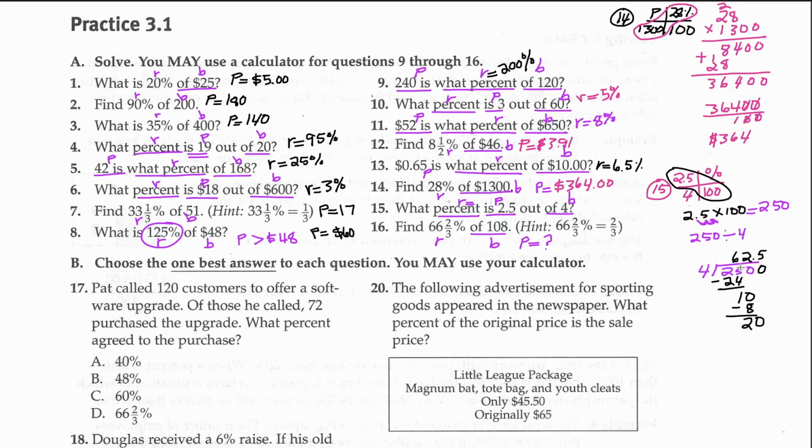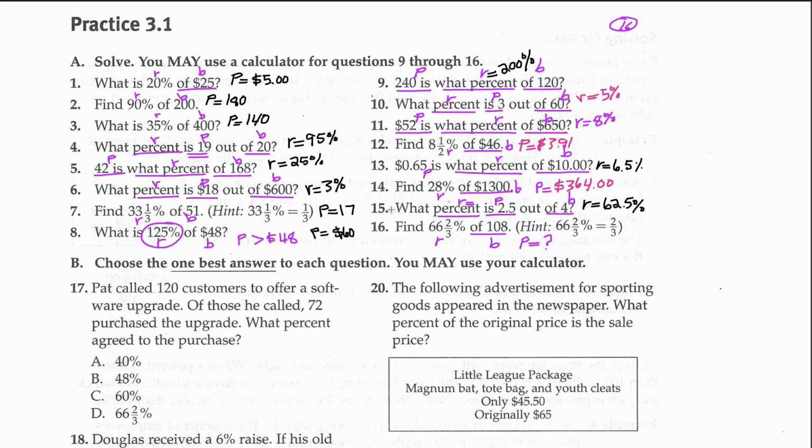So put 5 here, and 5 times 4 makes 20. So subtract 20 from 20, 0. So the answer for number 15, which is the rate. So the rate R equals 62.5%. Because it's rate, we have to have that percent symbol there.